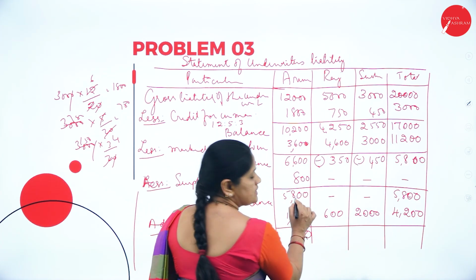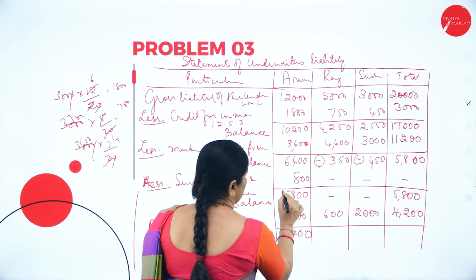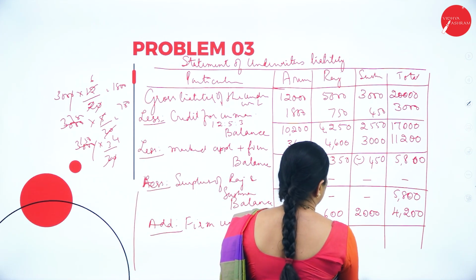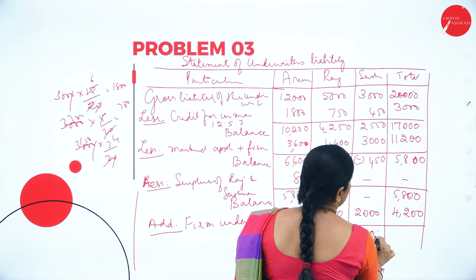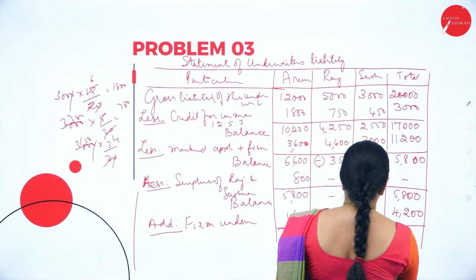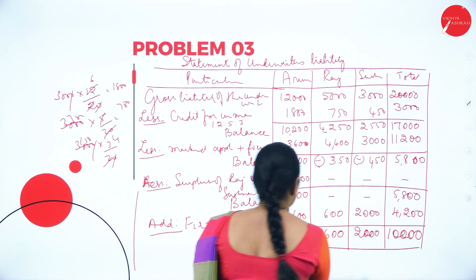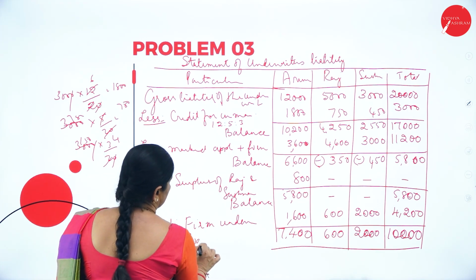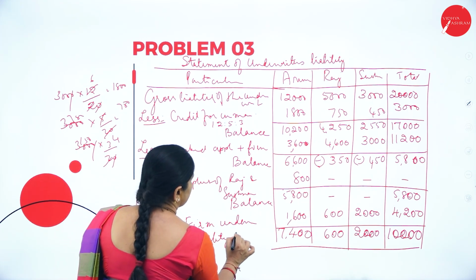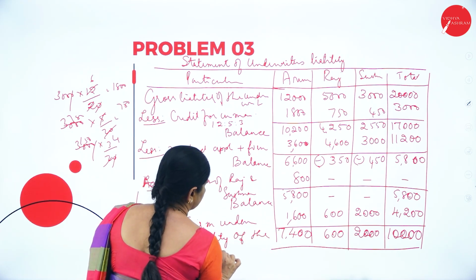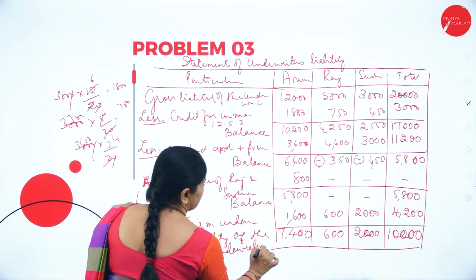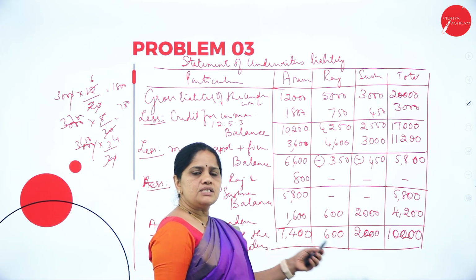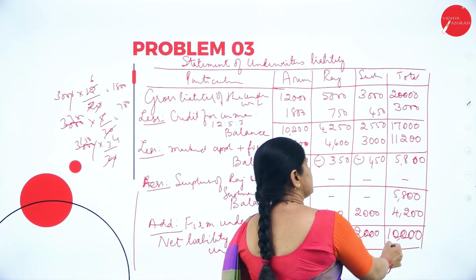So I get 7,400 for Arun, Raj it is 600, Sushma it is 2,000. So the net liability of the underwriters totals 10,000 shares.